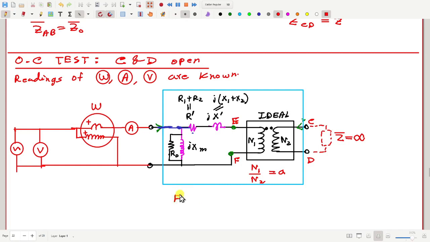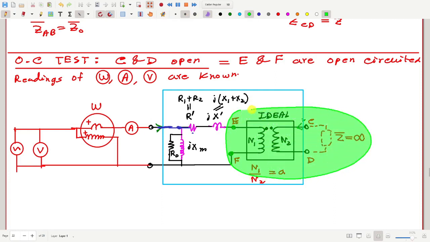That means E and F are practically open circuited. So this portion of the circuit you can forget, it's not there. Now, who is consuming power in this circuit? Where is it consumed?